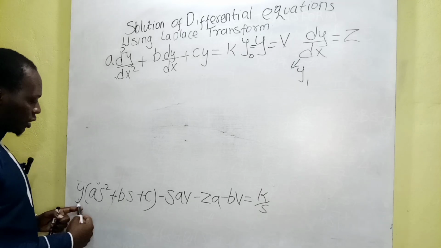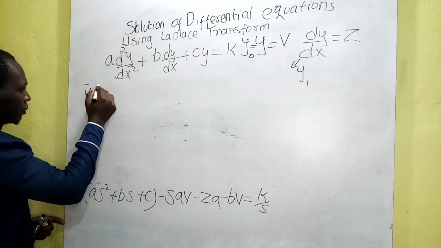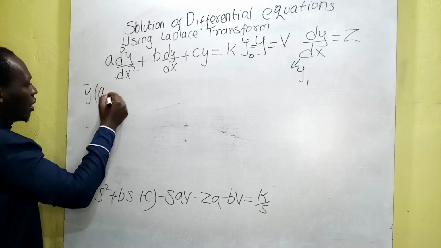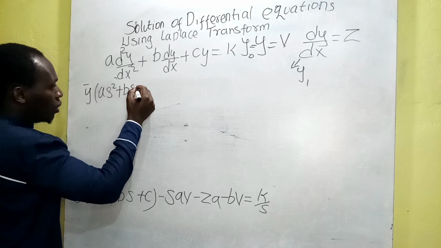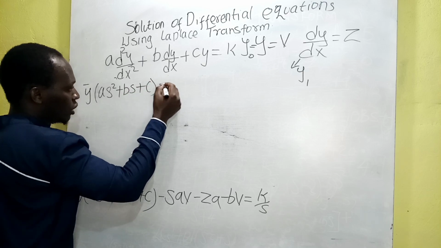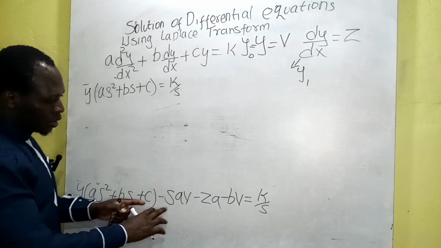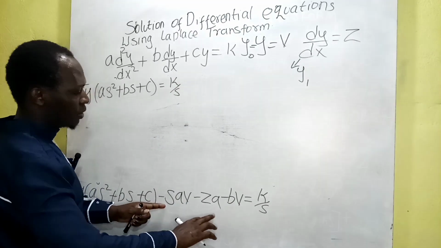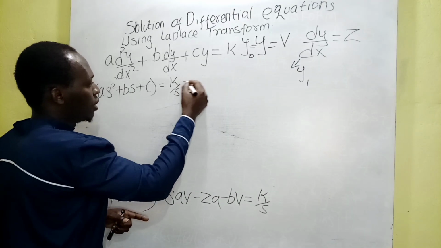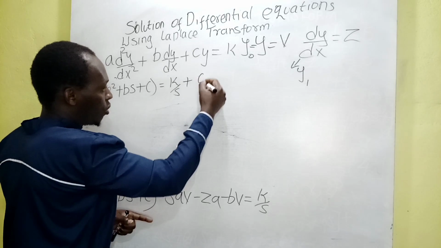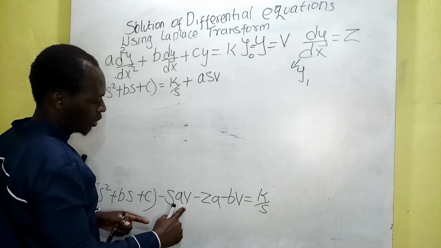From this point now we can come and have y bar into as square, we add to bs, we add to c, is now going to be equals to, we are going to have k all over s, all these unknowns that we are having this side, they are going to cross the equal sign to the other side, and we are going to have a positive of now a s v here.